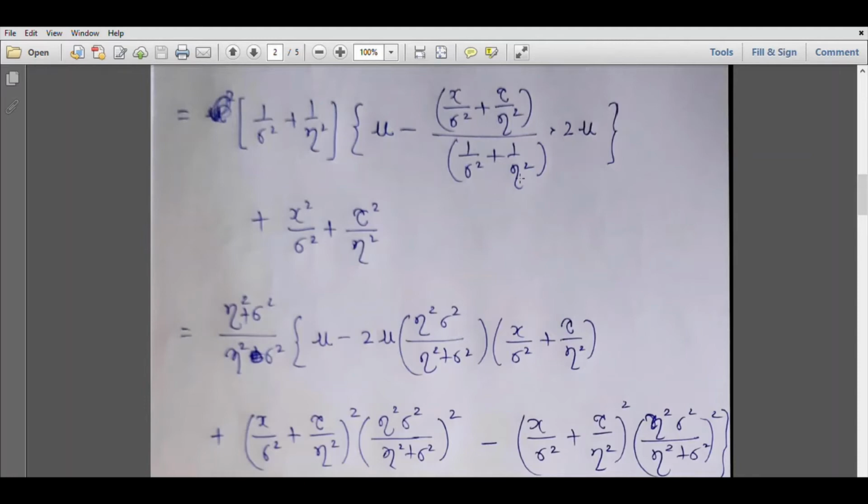Now let us try to simplify this further. So the denominator will be eta square plus sigma square into sigma upon eta square into sigma square. So this gets simplified like this, and the numerator here is kept as it is.